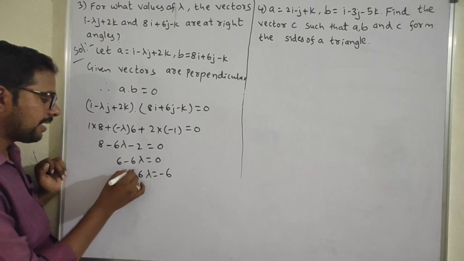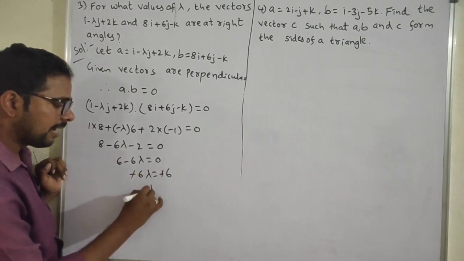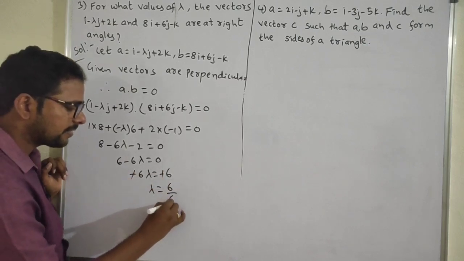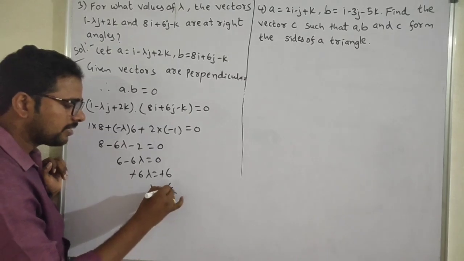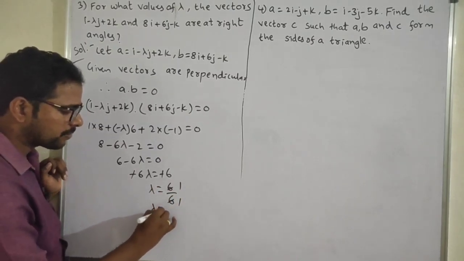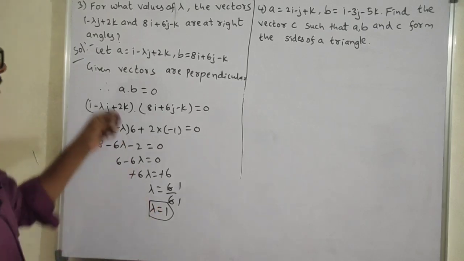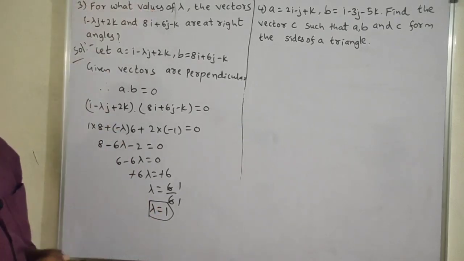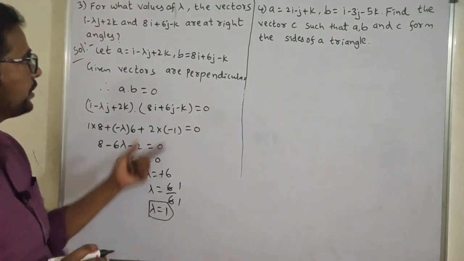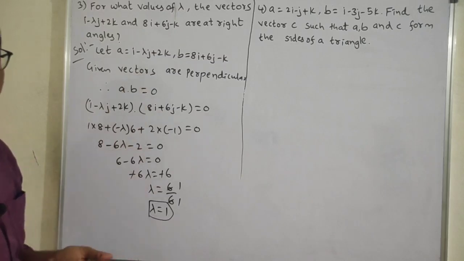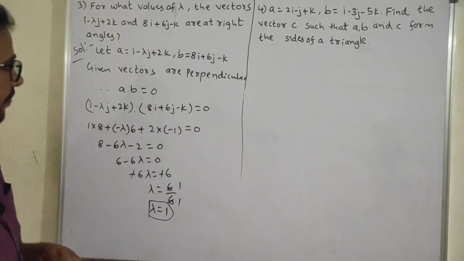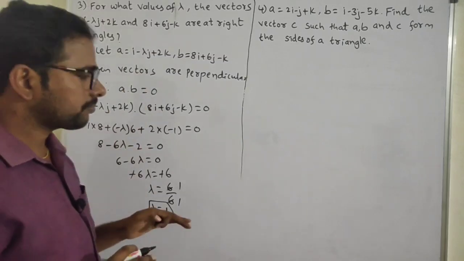So on both sides minus and minus get cancelled. Lambda is equal to 6 by 6, so lambda is equal to 1. So for lambda equal to 1, these two vectors are perpendicular to each other. This is the solution of the third one.